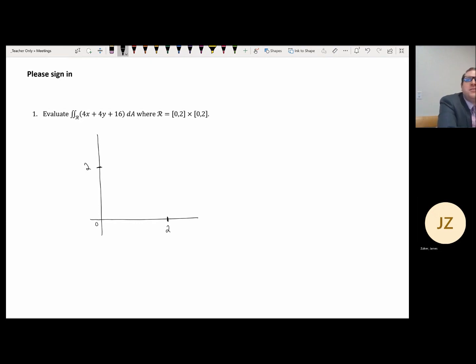I'm not drawing to scale. This is read that the x-axis goes 0 to 2. The y-axis also goes 0 to 2. So there's our region.